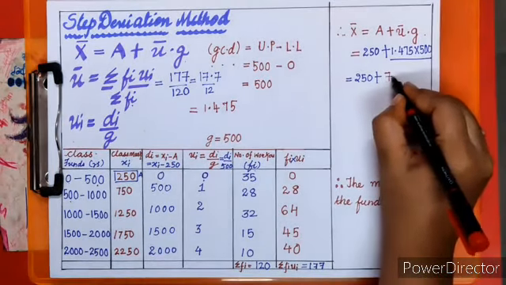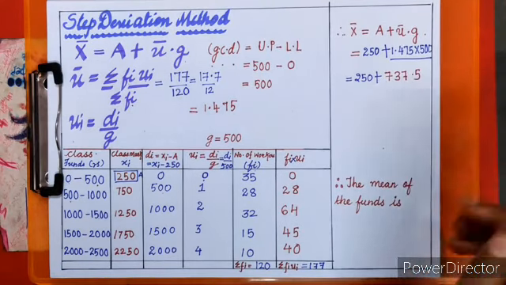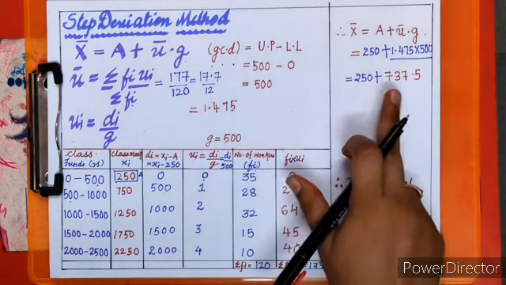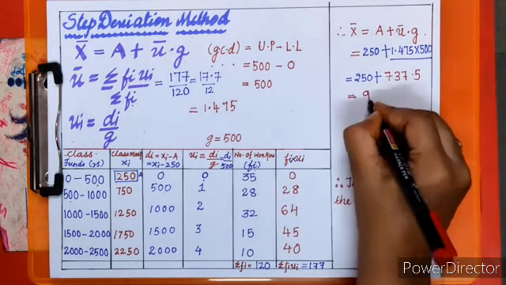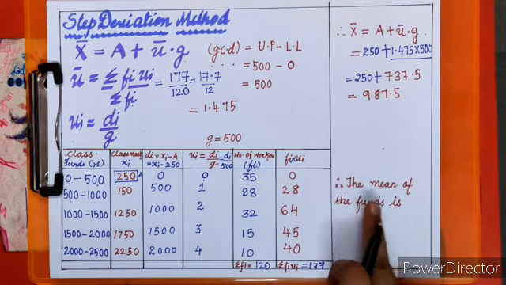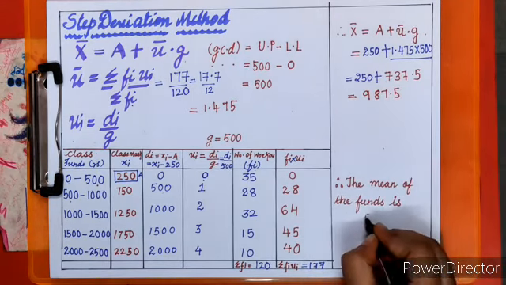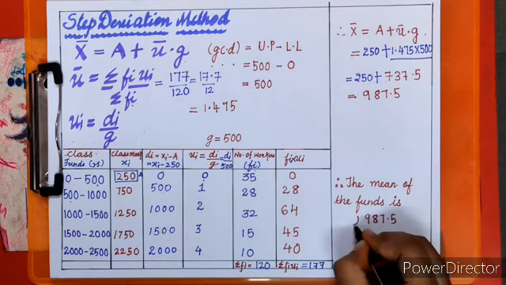It is 737.5. Now we have to add 250 to 737.5, which is 987.5. So therefore the mean of the fund is 987.5 rupees.